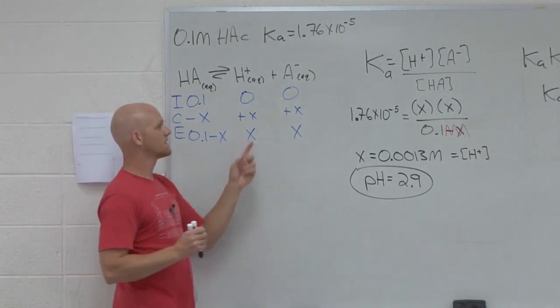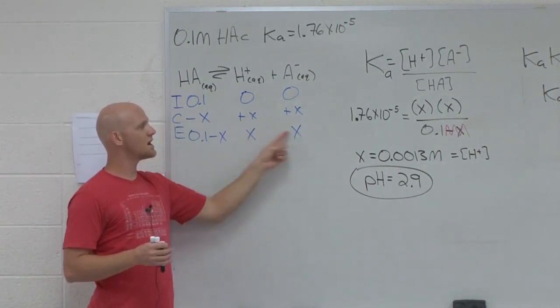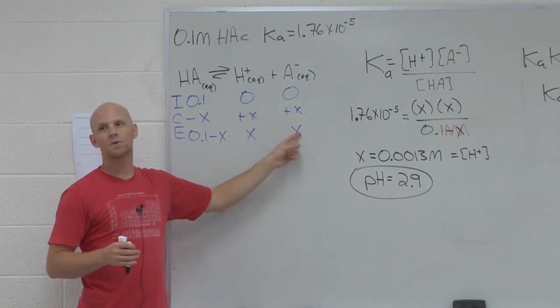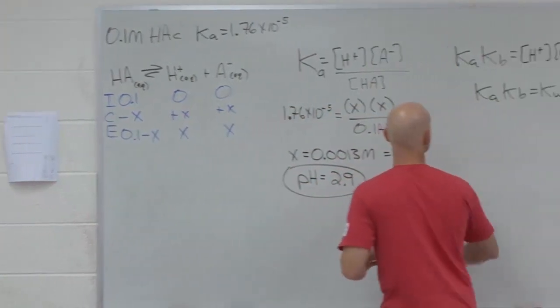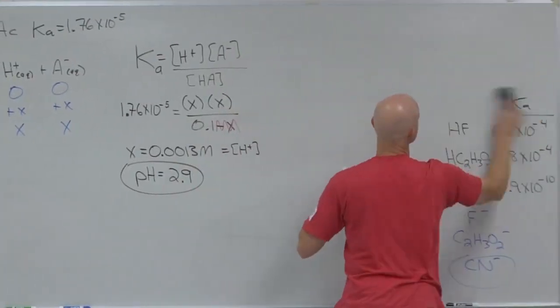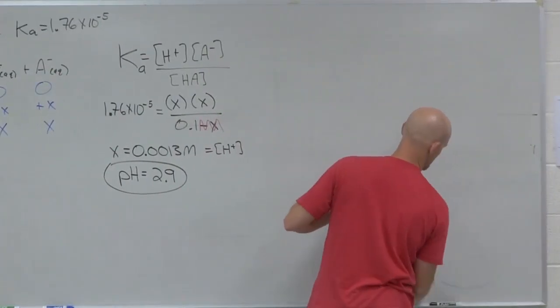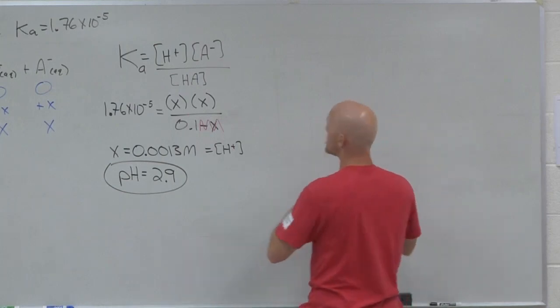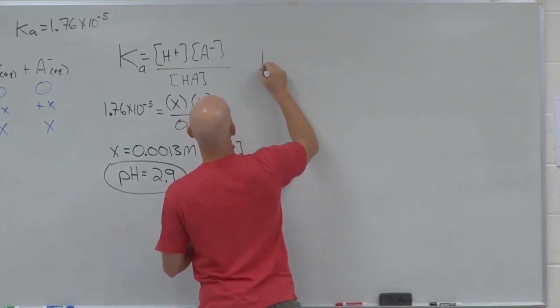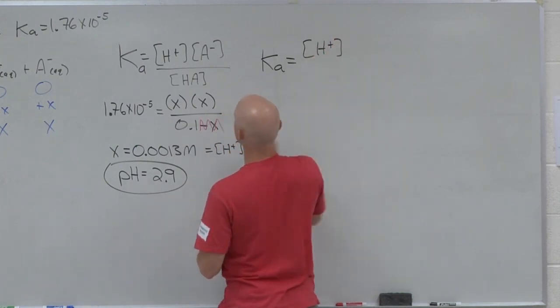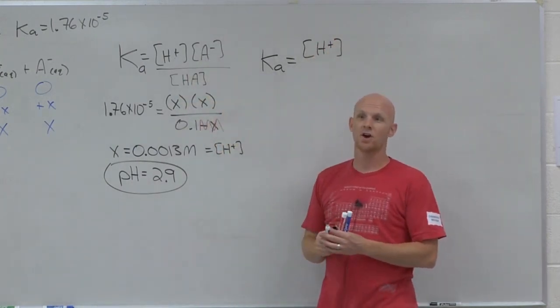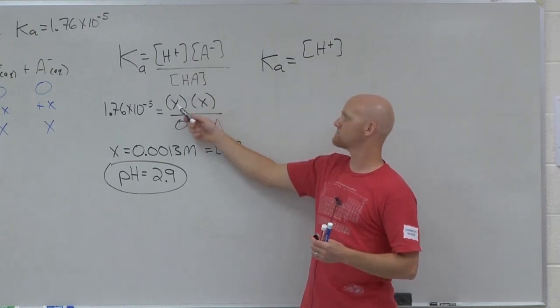Here's the deal. What's important, though, is that these two concentrations are equal at equilibrium. And so in this case, I'm going to rewrite this expression here. You guys will see how lucky and fortunate you really are here. So in this case, Ka, instead of writing this as H plus times A minus, we wrote it as x times x last time.